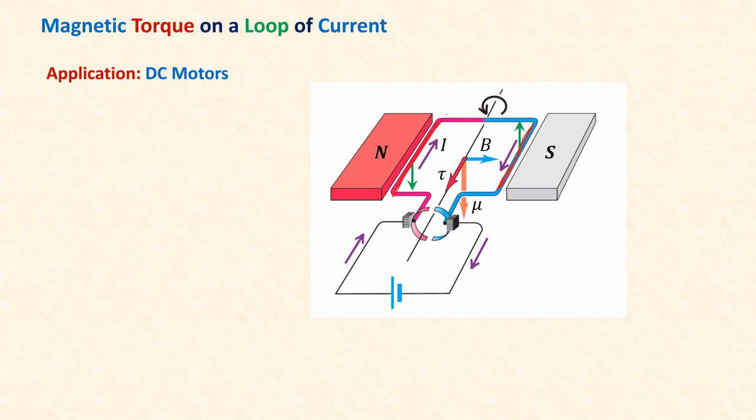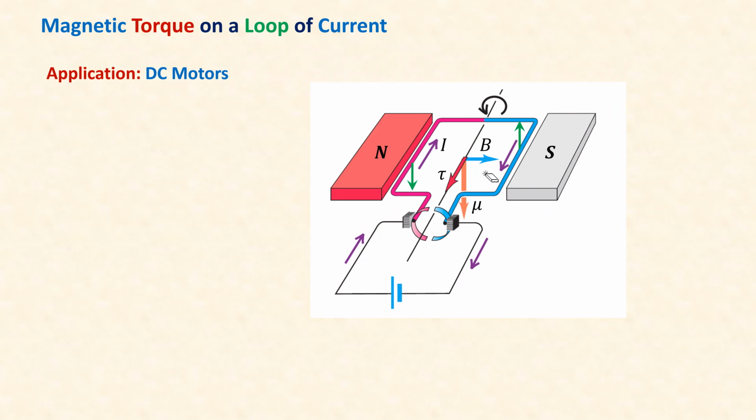You can see that there are forces acting on the loop if you send the current I through the loop, and you have the loop in the magnet, with north and south poles. The magnetic field of the magnet is from north to south outside the magnet. Inside it is from south to north, but outside it is north to south. So the B field is from north to south.